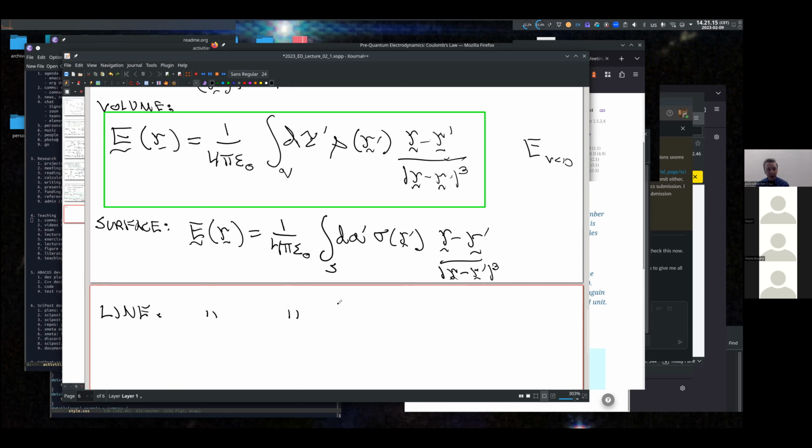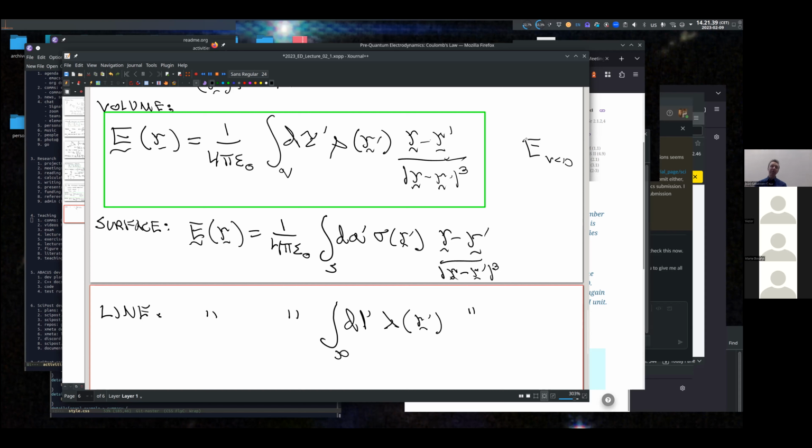And for a line it's just exactly the same thing. But now instead you've got an integral over a certain path P of an element dl, which parameterizes your curve, that has a linear charge density, that is a number of coulombs per meter, dependent on the position at which it is r prime. And again, the same dependence as here.